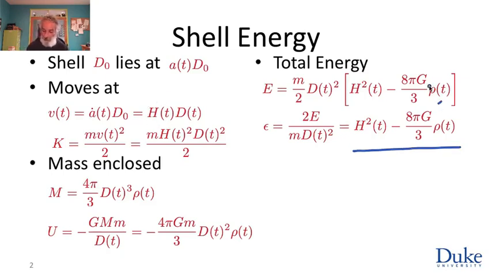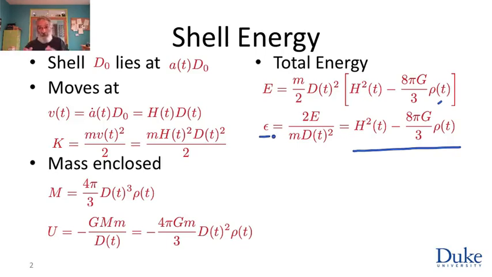It has the density, but it has nothing that tells you which shell you were talking about. The right-hand side is the same for every shell. Well, that means that the left-hand side, the ratio of the shell's energy to its mass times the square of its present distance at any time t, is a constant, which is why I called this epsilon. This epsilon is the same for all shells. Well, fine. So this is some constant that describes the motion.